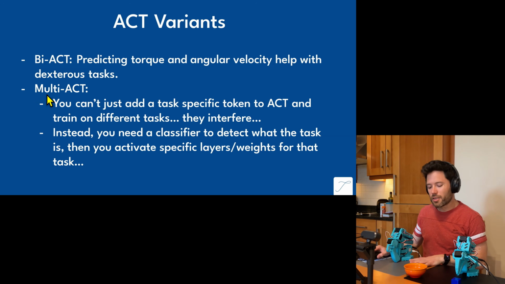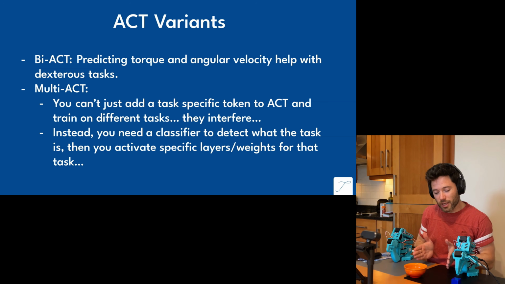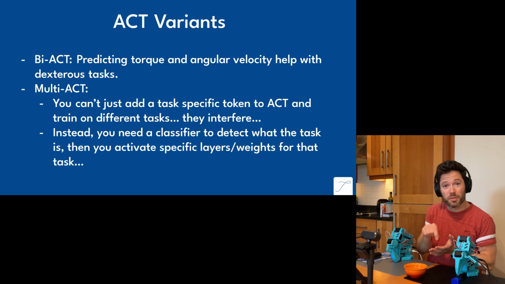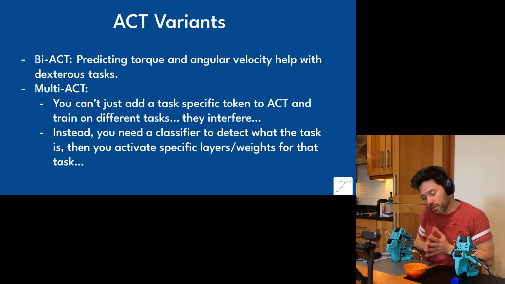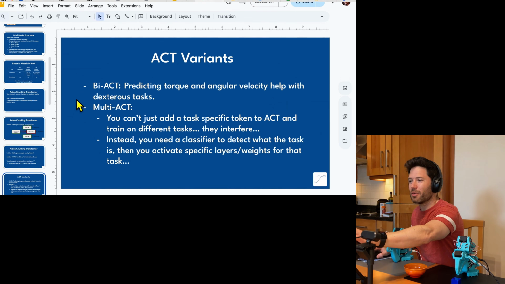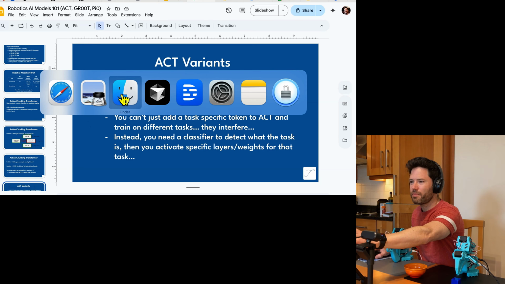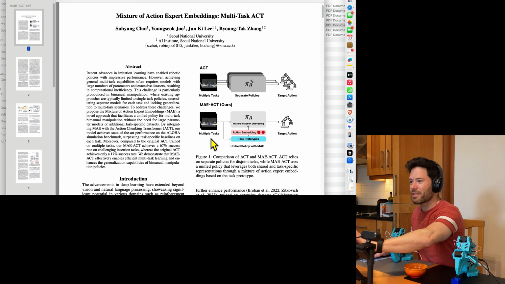Then there's multi-ACT, which allows us to train an ACT model, which is quite simple, but on multiple tasks. Unfortunately, if you try to train ACT on different tasks, it will just average across them. If you try to put in a specific token at the start for each task, it still ends up averaging across them, which maybe wasn't obvious to me, but that's a problem. So to get around that, if you look at the multi-ACT paper, the authors go to quite a bit of effort in order to build a classifier.